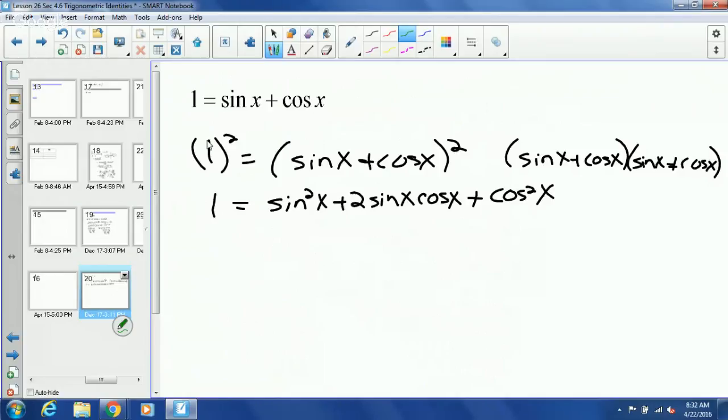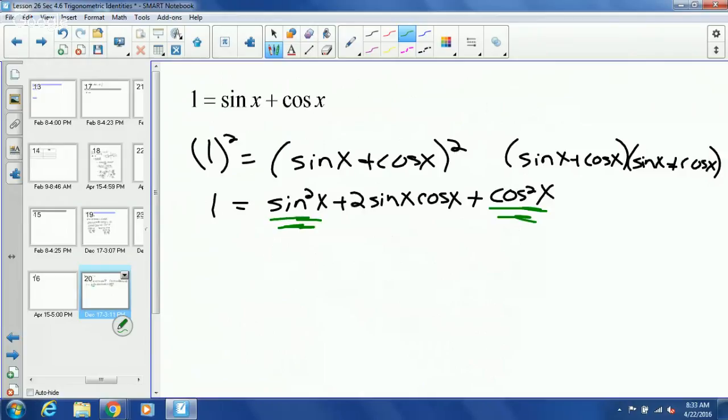If it helps you to put that together, that's fine. Does everybody understand that this plus this would be 1, right?